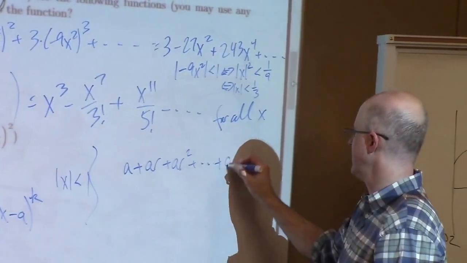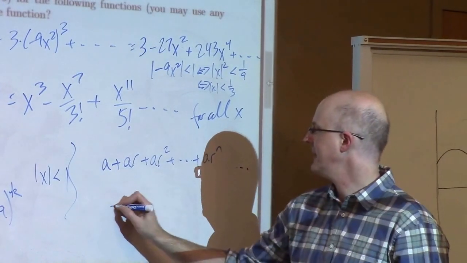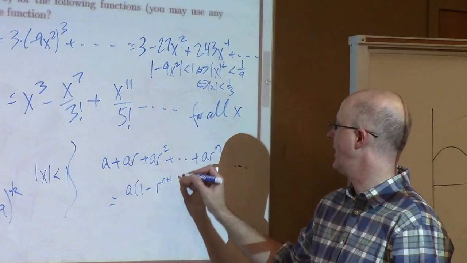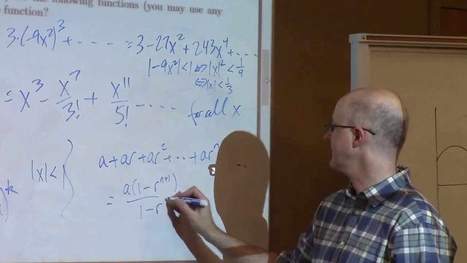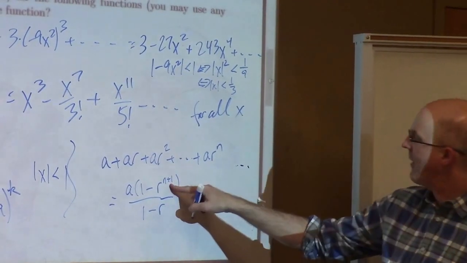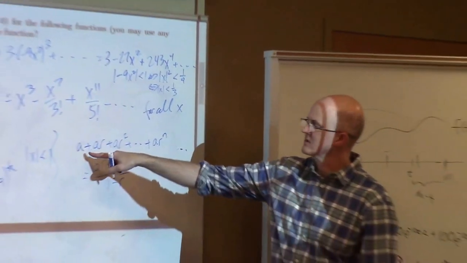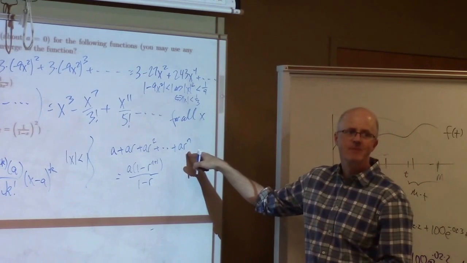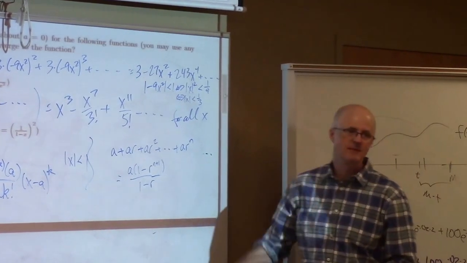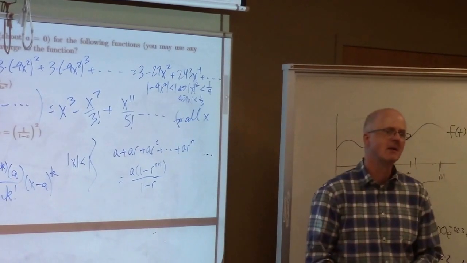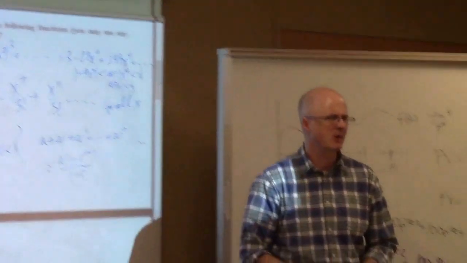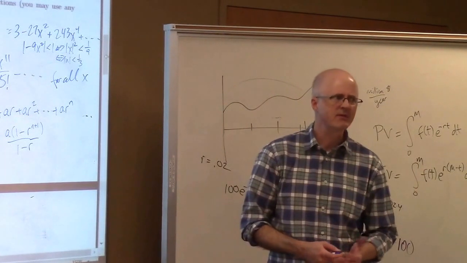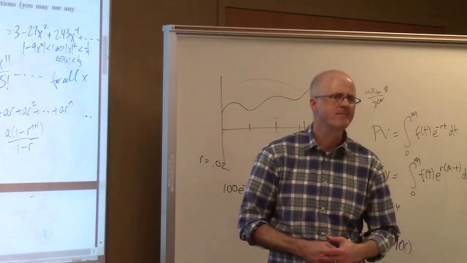It equals a times (1 minus r to the n plus 1) over (1 minus r). The power there is always the number of terms, and since we're starting with r to the 0 power, there are n plus 1 terms here. That's a partial sum for the corresponding infinite series. We also looked at examples where you had to do some partial fractions to help you simplify the formula for the partial sum.